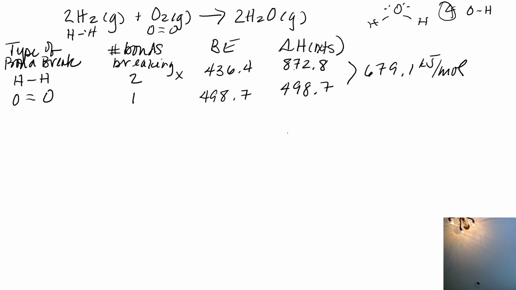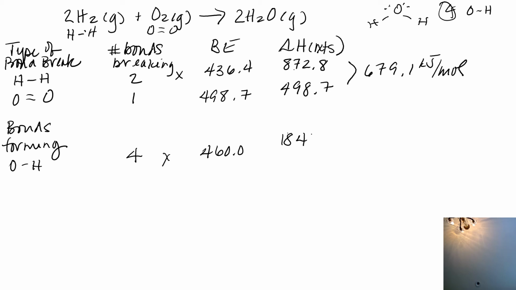So our bonds forming are O-H bonds, again, of which we have 4. The bond enthalpy for that bond is 460. Multiply that by 4, and it is 1840.0. So we are going to subtract this value from our 679.